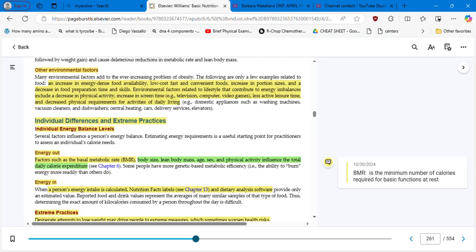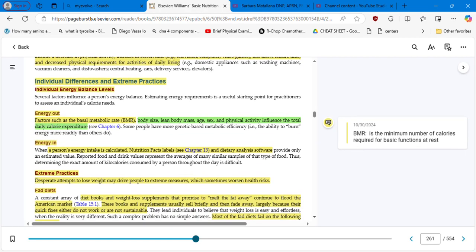Environmental factors related to lifestyles that contribute to energy imbalances include a decrease in physical activity, increase in screen time, television, computer, video games, less active leisure times, and decreased physical requirements for activities of daily living.